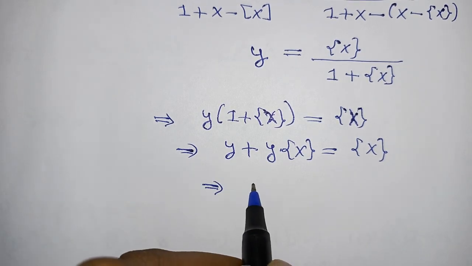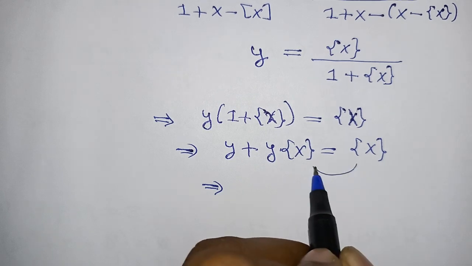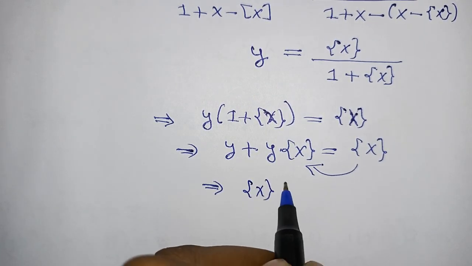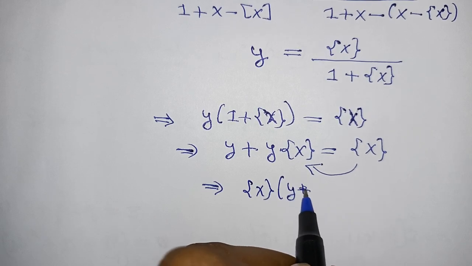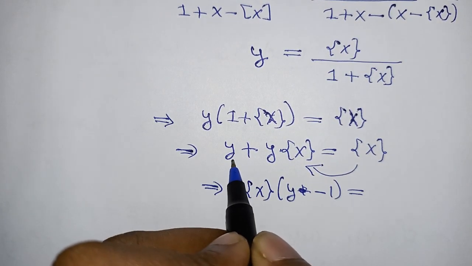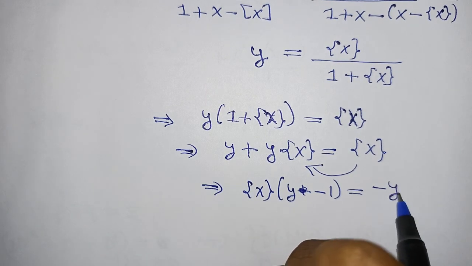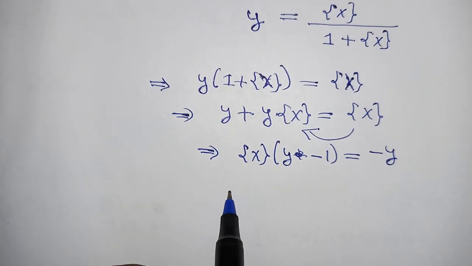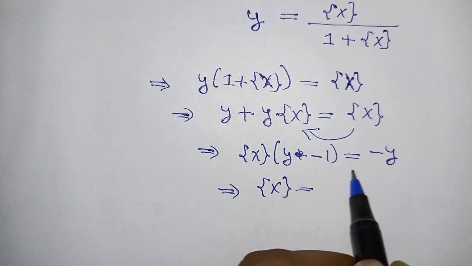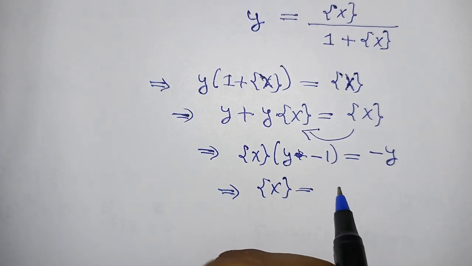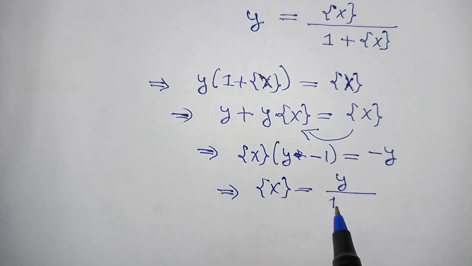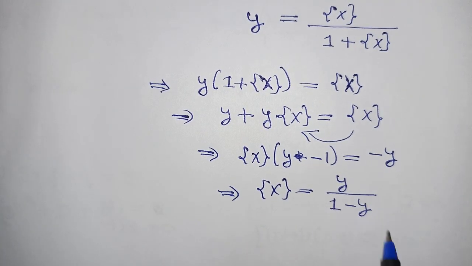So taking this part to this side, we have the fractional part {x} as common, and then we have (y − 1) is equal to, taking this value to the other side, minus y, and then finally the fractional part of x is equal to, by separating signs also, y upon 1 minus y.